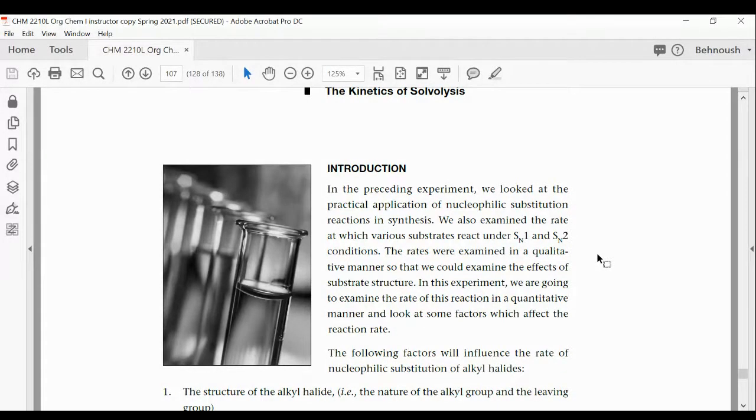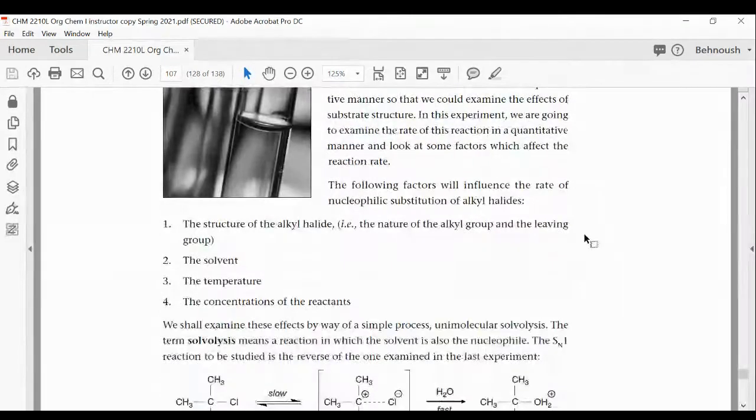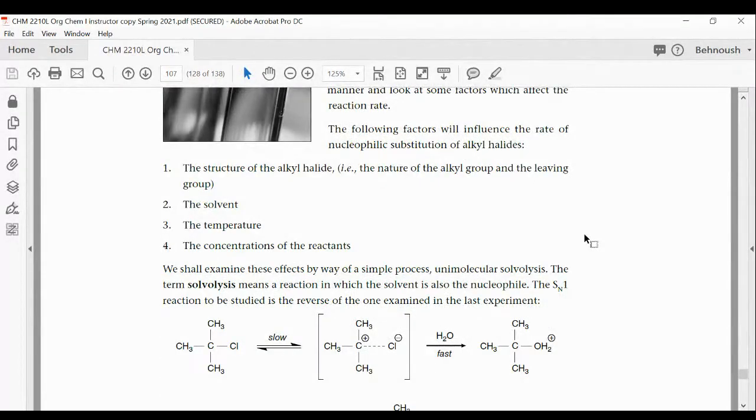You also change the temperature, and you monitor the reaction or the color change at 3 different temperatures. Normally, by increasing the temperature by 10 degrees, the rate is going to double. So we are trying to study that in practice and see what is happening. We are going to check the solvent, and we are going to check the temperature as well.